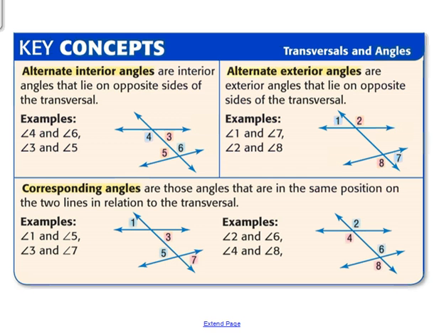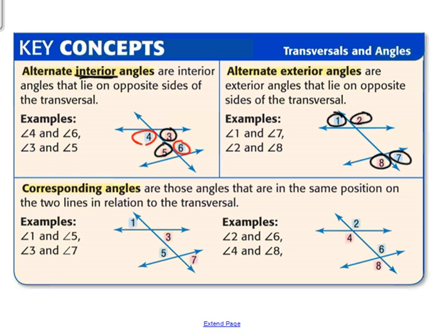Another summary statement for us. Alternate interior angles: 3 and 5 are alternate interior angles. And so, of course, are 4 and 6. Exterior angles: 1 and 7 are opposite exterior angles, and 2 and 8 are opposite exterior angles.